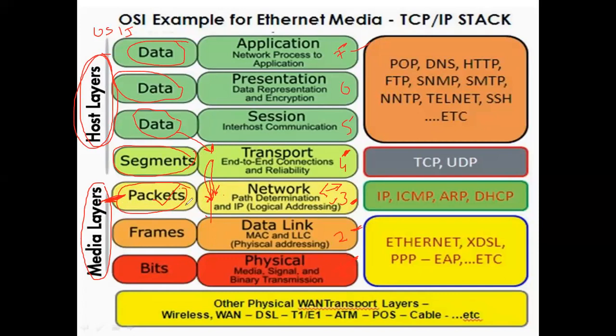Now after that, the packet is further divided into frames. Now we are not saying that stream of zeros and ones; we are saying packet. It is no more a packet once it reaches the data link layer, where one more header is added, that is known as MAC information.